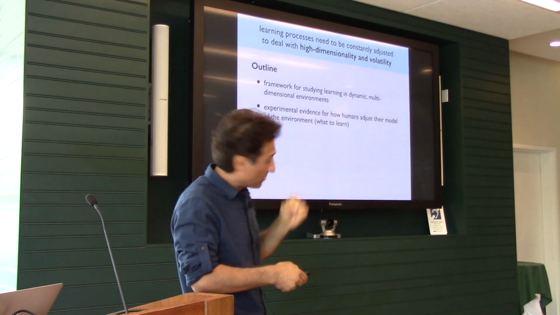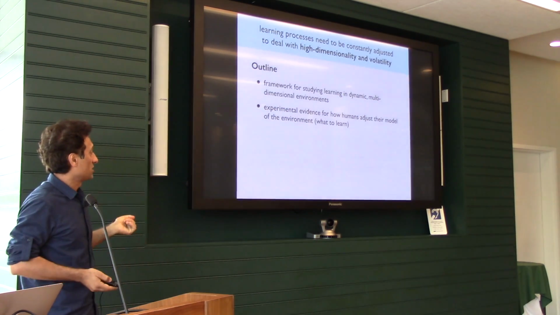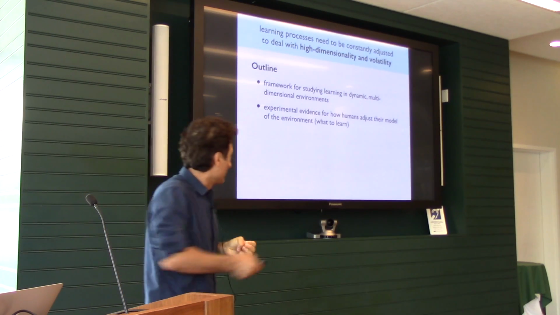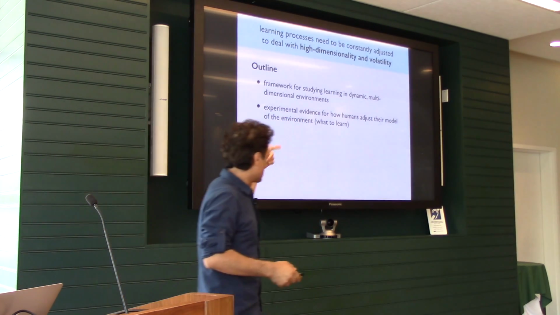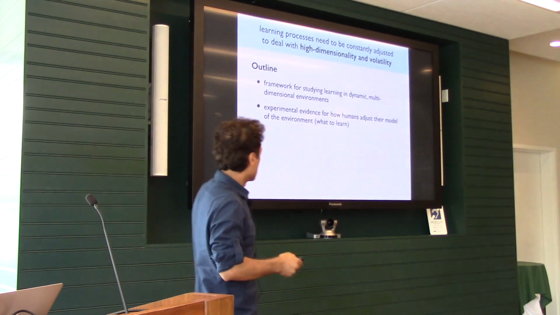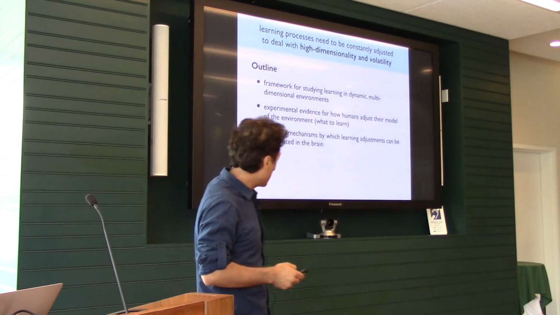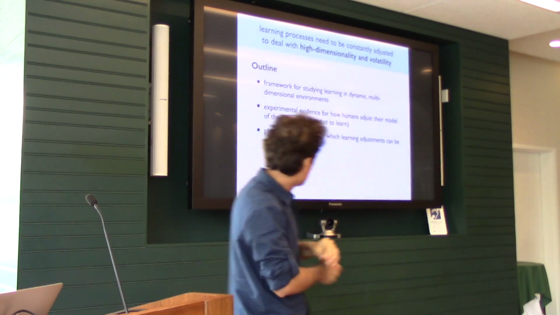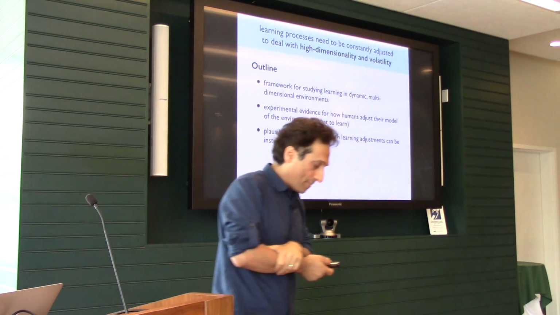Then I will show you some experimental evidence for how humans actually adjust their model of the environment in terms of what to learn, not exactly how much to learn. That is a different question that I'm not addressing here, but I'm happy to talk about it if you're interested. And then at the end, I will show you some plausible mechanism by which learning adjustment can be instantiated in the brain.